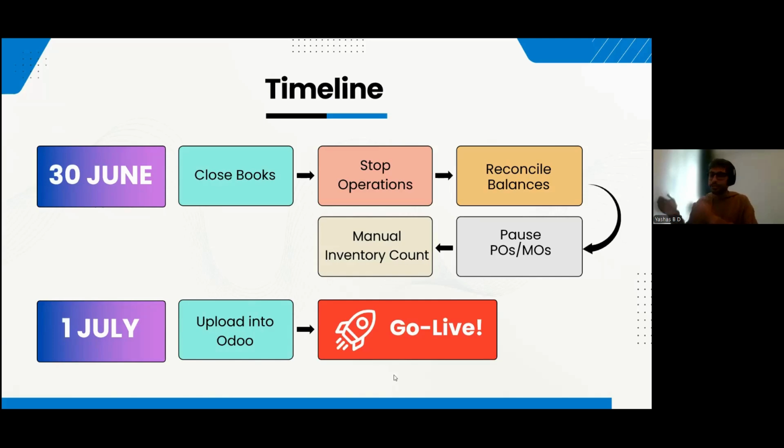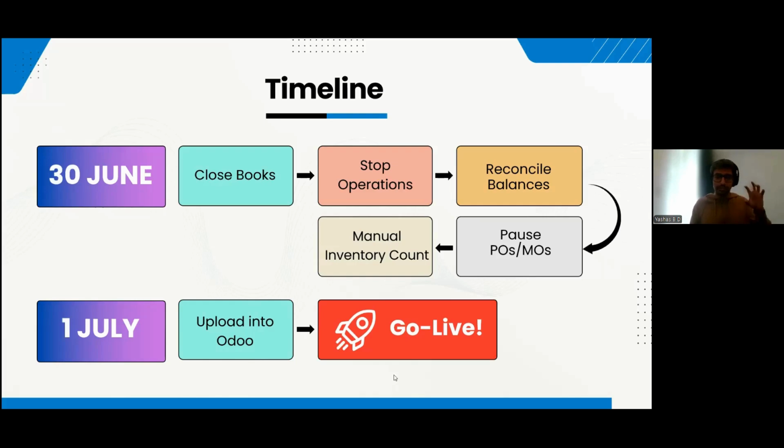So what are the things that need to be done? On 30th of June, first, ideally, because I cannot run the operations continuously, keep consuming the raw materials and producing the goods, and say that, okay, on 30th of June, this was my stock. Unless I stop it, I will not know what was my actual raw material stock, or how much is my WIP stock, or how much is my finished goods stock.